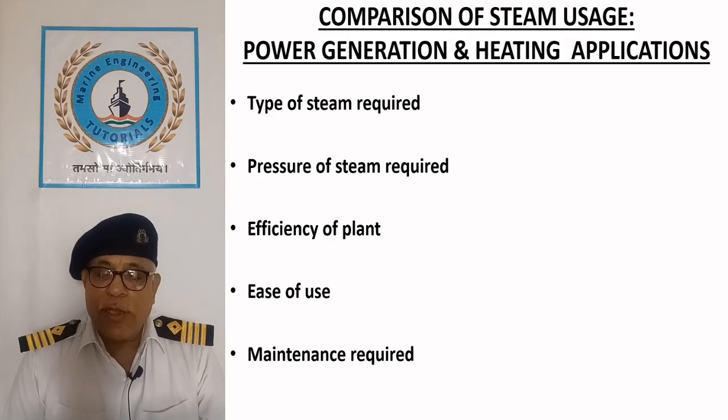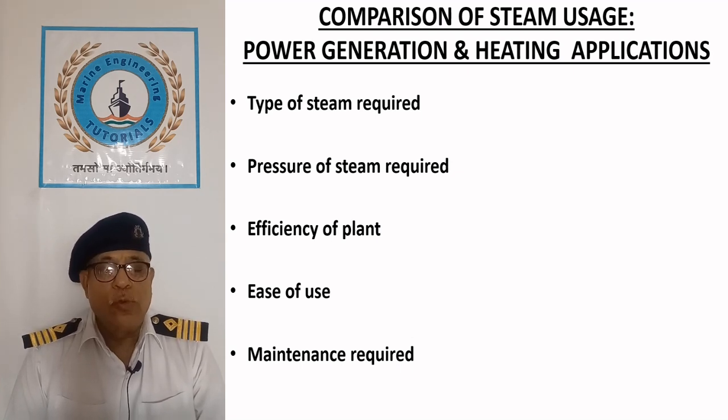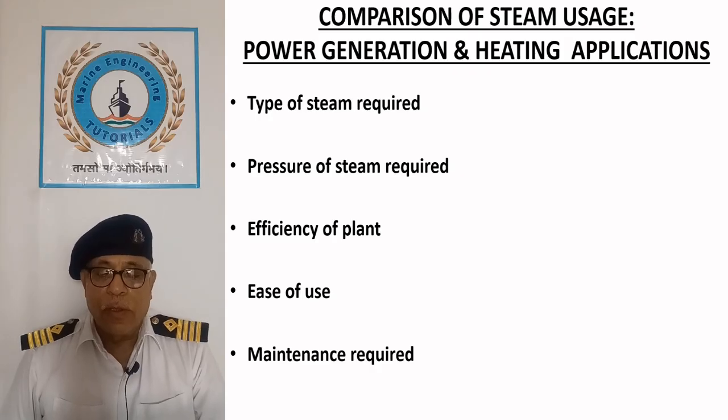Heating is a static operation and generally maintenance free, though repairing a leaking heating coil is difficult and poses the risk of contamination of boiler water. Steam turbine operation requires little maintenance and is simpler compared to diesel engines.